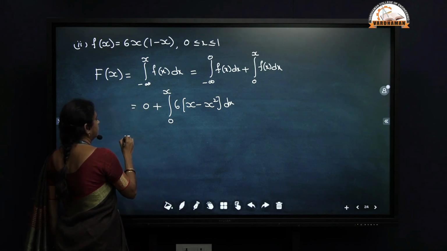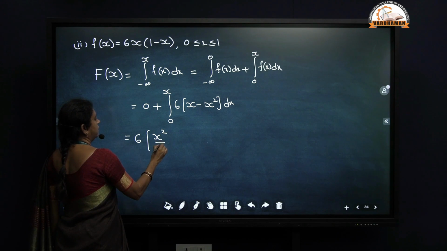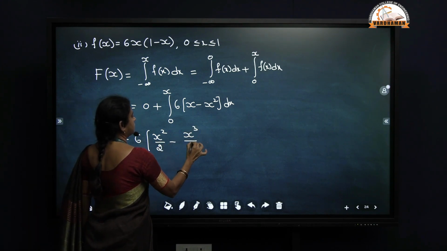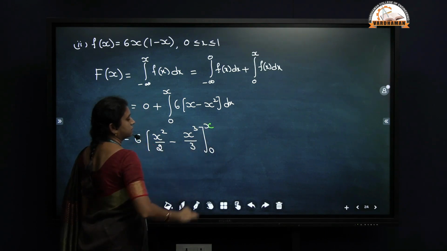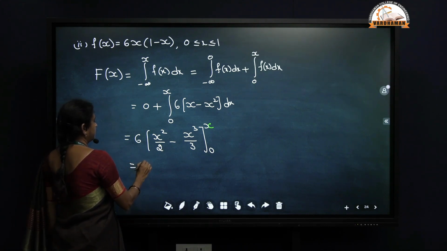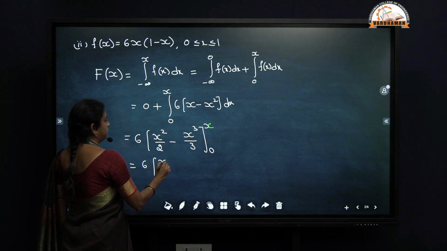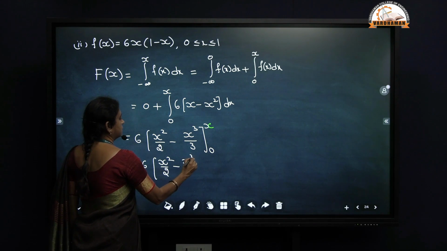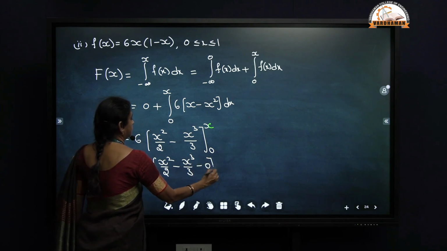Now integrating, we have 6 into (x square by 2 minus x cube by 3) between limits 0 and x. Now substituting the limits, we have this as 6 into (x square by 2, upper limit is x, so x square by 2 minus x cube by 3), whereas the lower limit is 0.